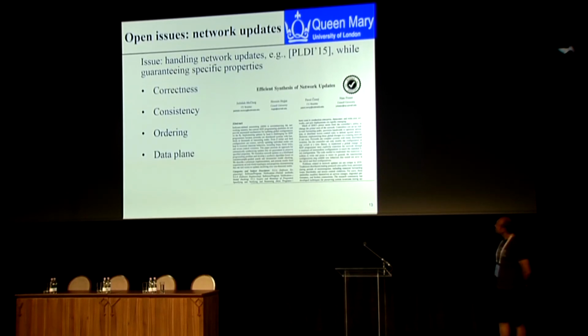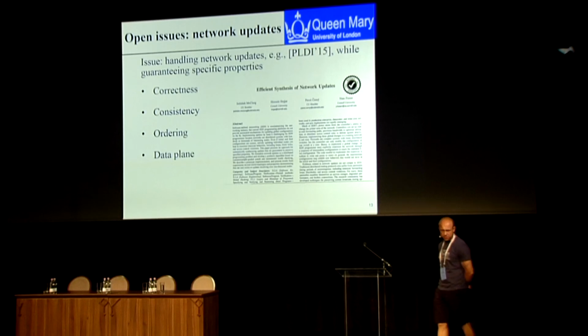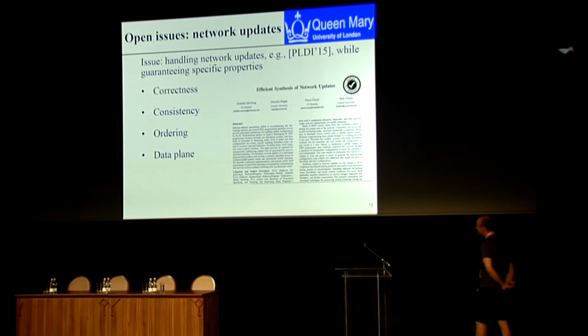So one related open issue is network updates. When you change the network, you want to make sure that things are done properly, and that's more of a distributed systems type of problem rather than networking. But you want correctness, to be sure that things are provably correct before you start messing with the network, that things are consistent, so that there are no incoherences like loops or things that stem from interactions within your system.